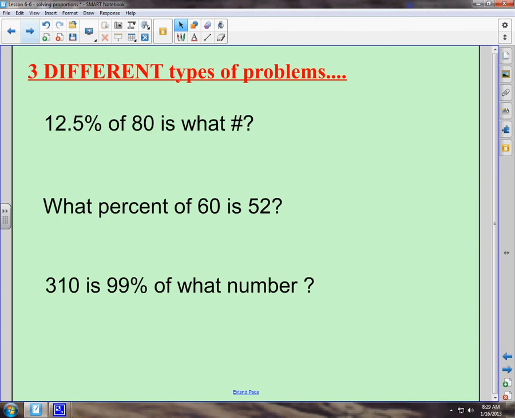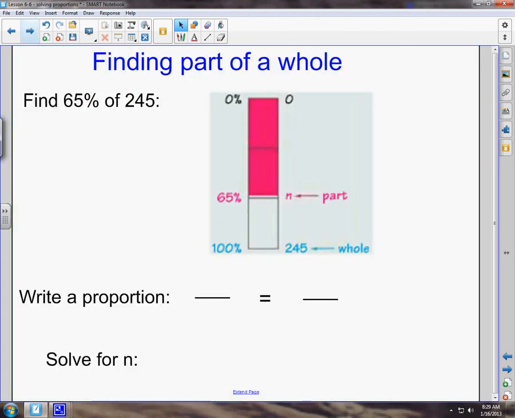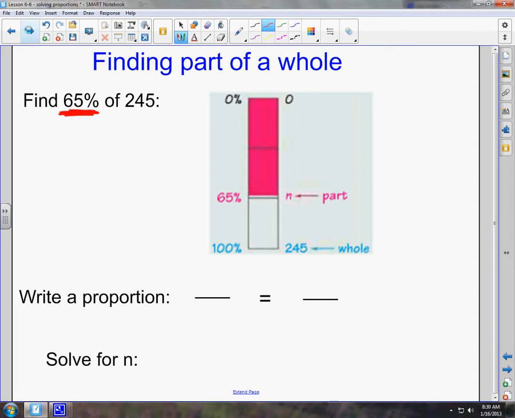Okay, I'm going to show you how to do the first one. Find 65% of 245. If I'm going to write a proportion, I always look first: is there another percentage? There is, so I want 65 over 100. Remember, the 100 is always going to be there in every single problem.